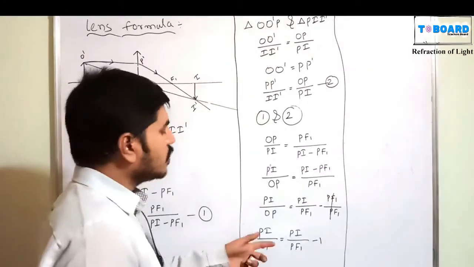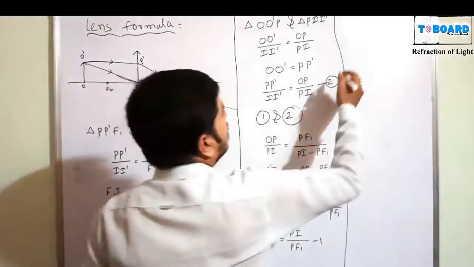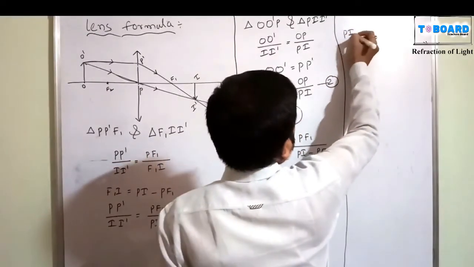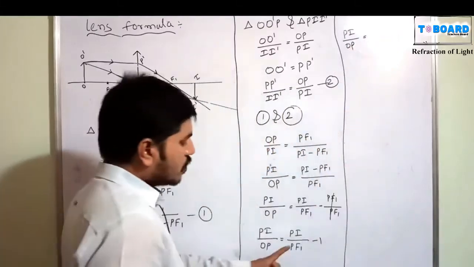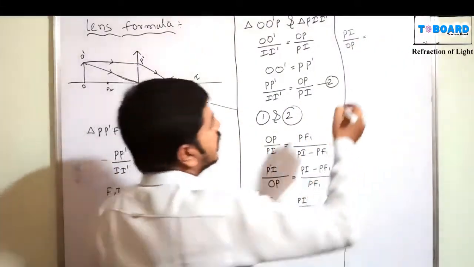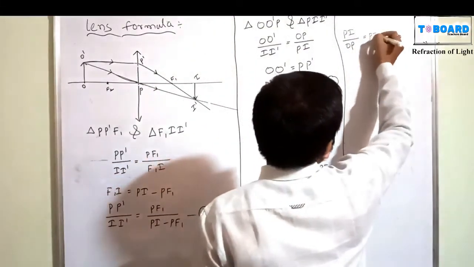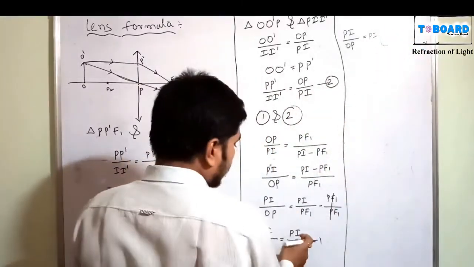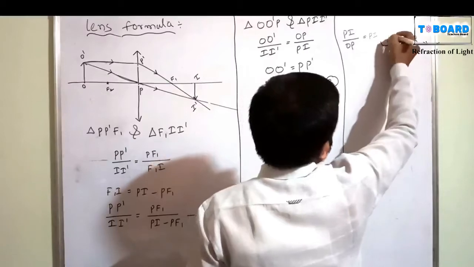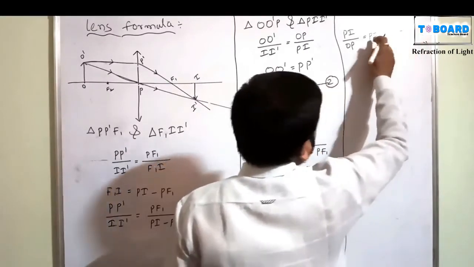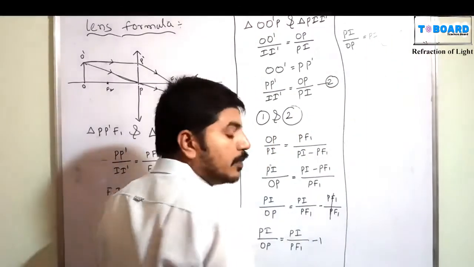Now I want to take PI common: 1 by P F1 minus 1, with PI common.